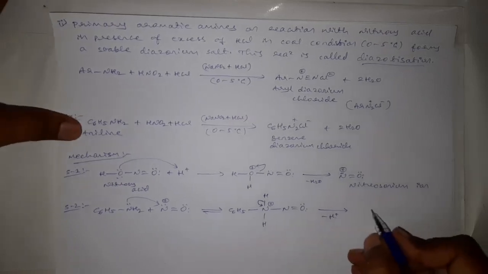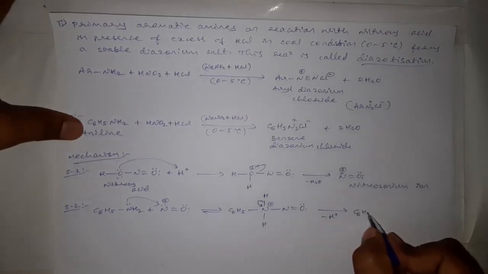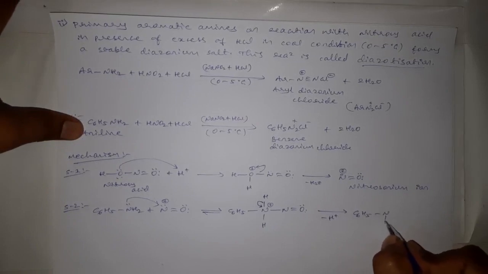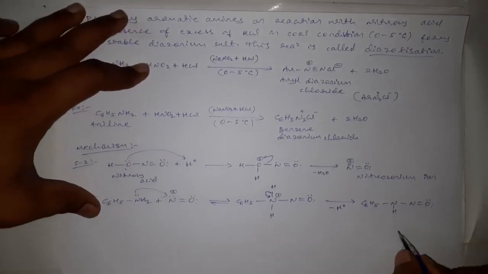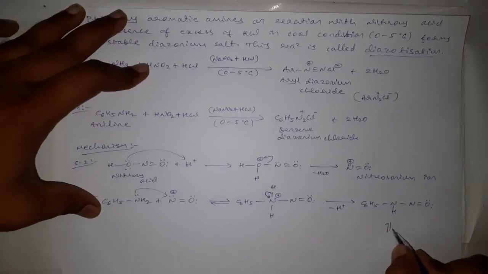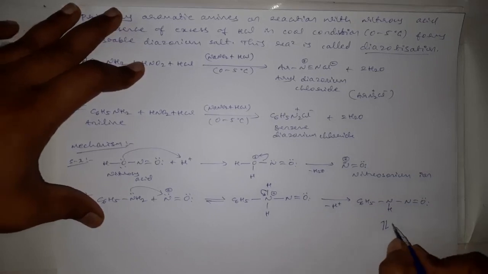After the deprotonation, we will get C6H5NH single bond N double bond O. Now here we can write tautomerization takes place.